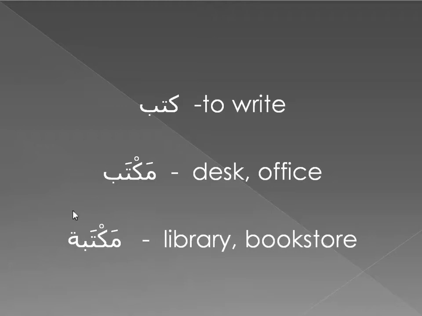Now the feminine is used, the only time it's really used in this case, is when we need another location. Where we've already used the maktab, we just make a feminine one. There's no logic why library and bookstore is feminine and the maktab is masculine. But because we've already used this one, we need a maktaba. And this is true of quite a few roots. You can look at it, know whether it's masculine or feminine, it's the same pattern.